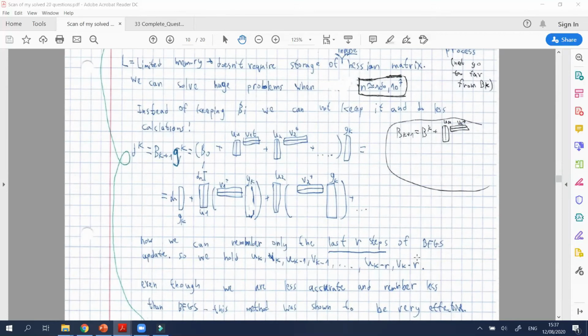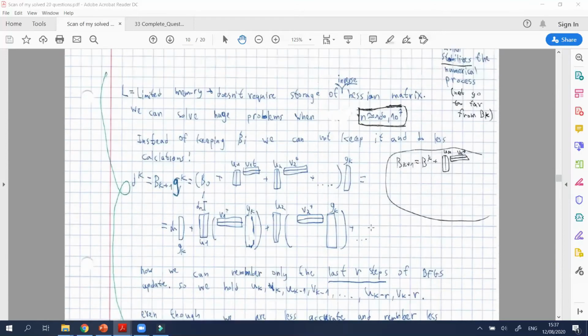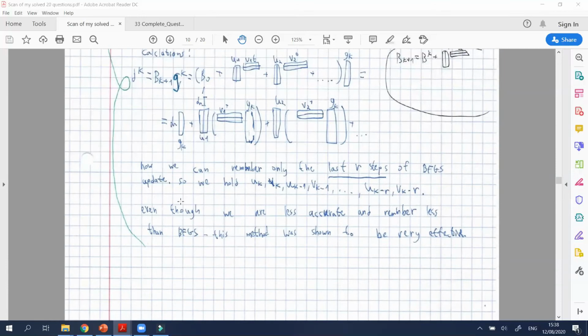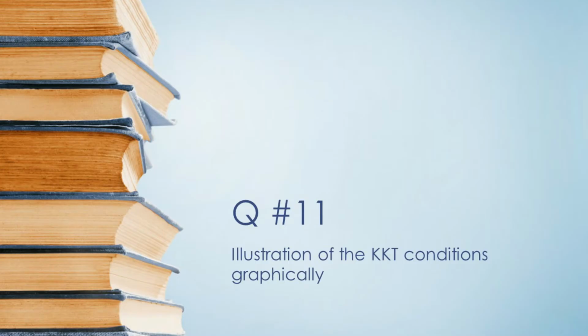And even though we remember less and it seems less accurate, this works. This was shown to be effective and can solve a lot larger problems. And this is the idea behind L-BFGS.